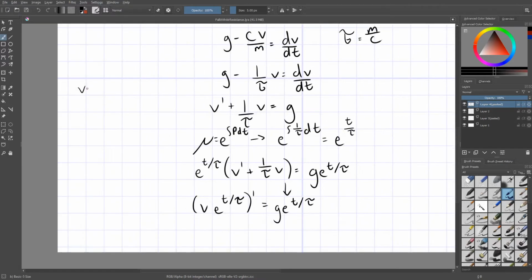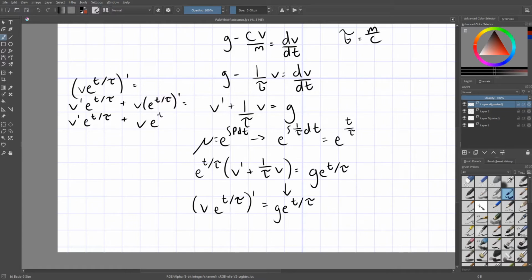We can say v e to the t over tau, prime, equals, well, that's just v prime times e to the t over tau plus v times e to the t over tau, prime, which equals v prime e to the t over tau plus v, and then you have to chain rule that.